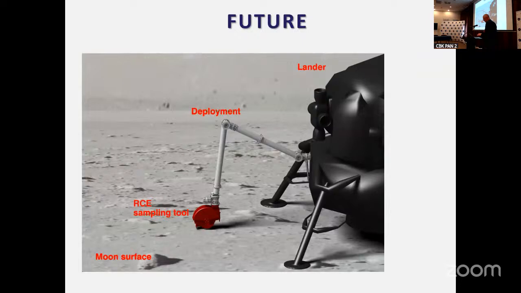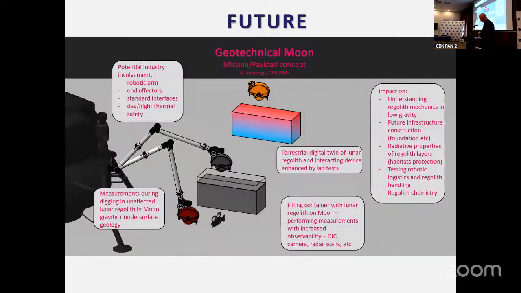Okay, the future. I hope that at some time we will go to the moon. To go to the moon, I worked a little bit on the definition of the mission. What I really think is worth realizing in future is to measure the geotechnical properties of the soil, on the surface of the moon.